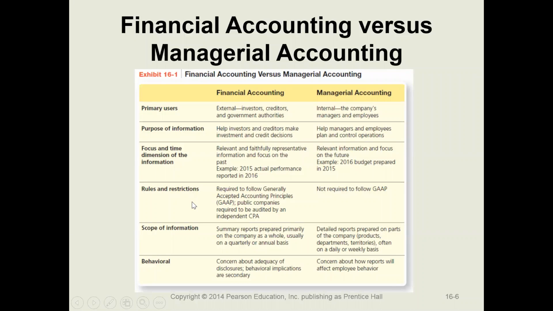Rules for financial accounting: companies are required to follow a specific set of rules called GAAP, Generally Accepted Accounting Principles. These rules are developed by accountants, basically, and especially publicly traded companies, but almost all other companies, have to follow those rules in preparing financial statements, again, to provide a comparable set of financial statements, so that everybody follows the same rules and the statements can be compared to each other.